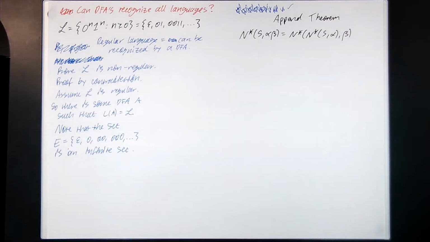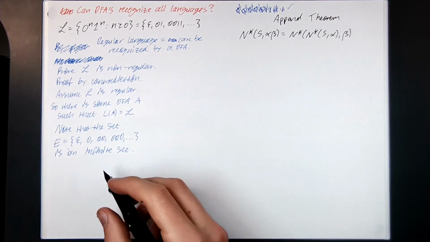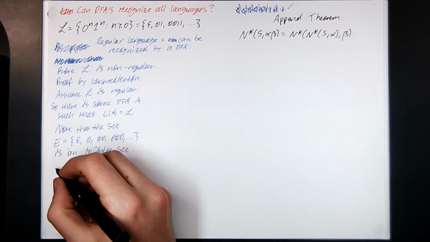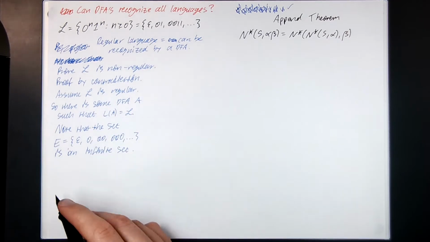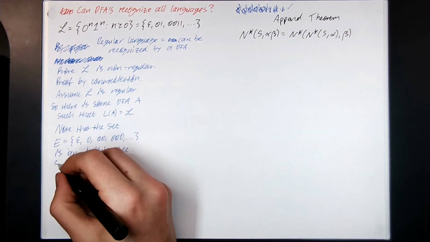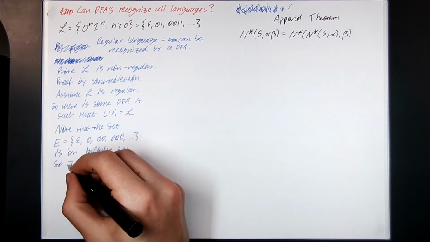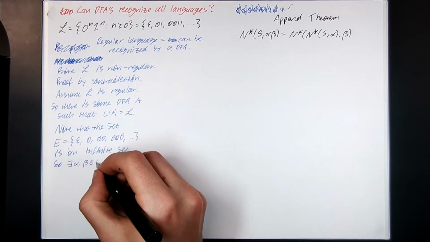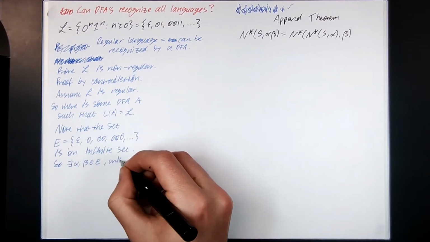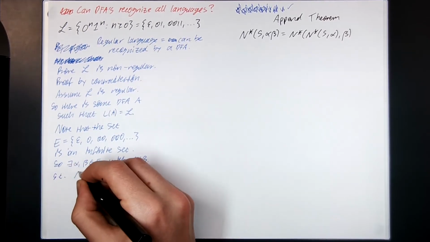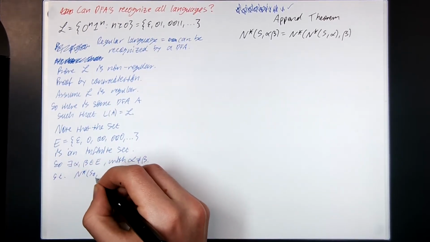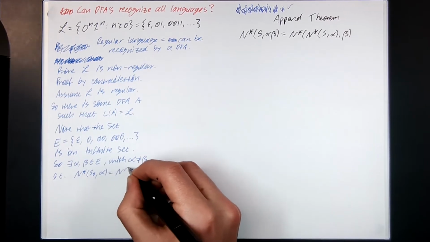So, what does that tell me? Well, from pigeonhole principle, that tells me that from the starting state, there's going to have to be two strings in this set that go to the same place. So, there exist alpha, beta in E, with alpha not equal to beta, such that from the starting state, if I read alpha, I get to the same place as from reading beta.